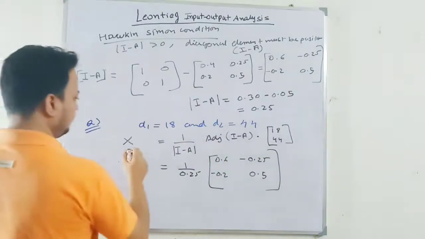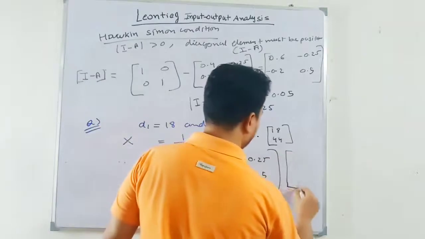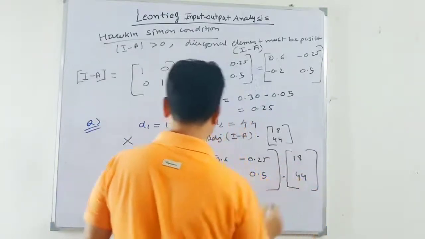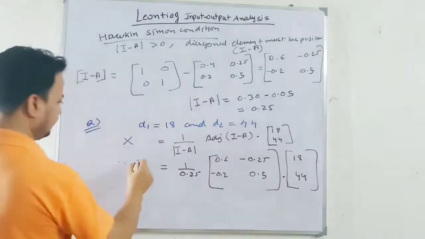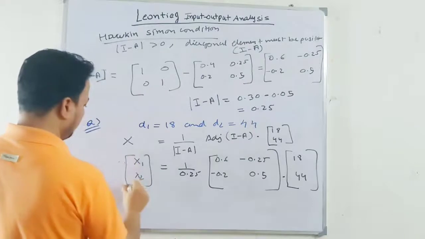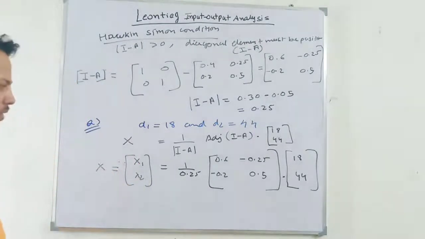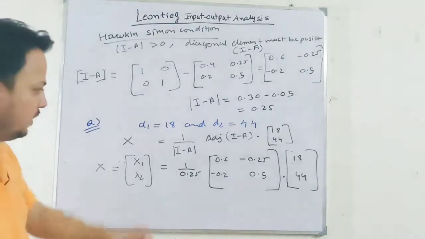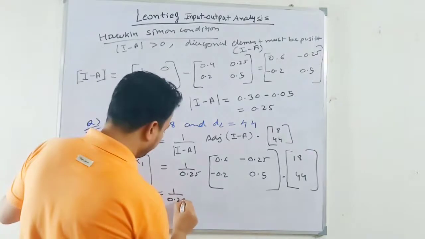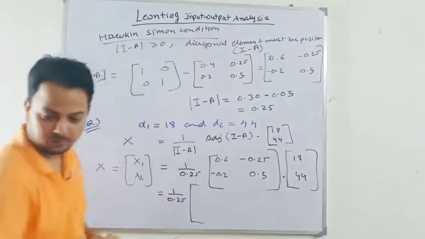I need to multiply this by 18 and 44. So I will get the value of X1 and X2 for each industry, and this is my total production. So let's do that. You need to use a calculator, then only it can come out.